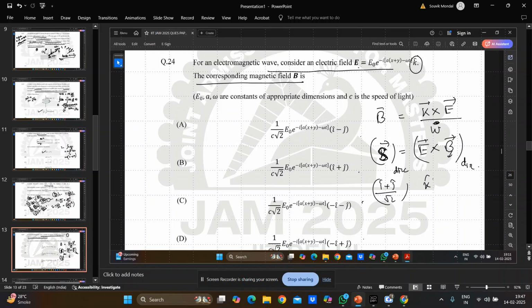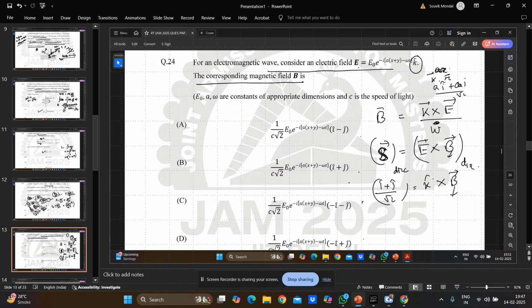The format is k dot r, and k is suppose a (i hat plus j hat) by root 2, so you will get ax plus ay by root 2. So this is your S vector direction, and you should have a B which will match these options.